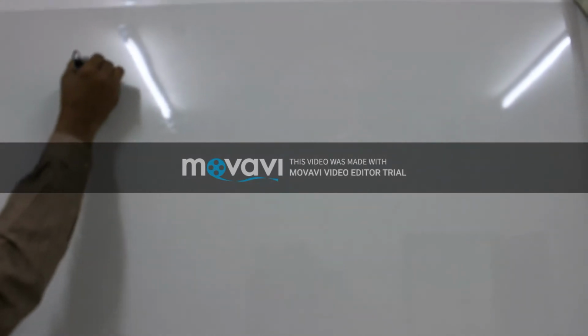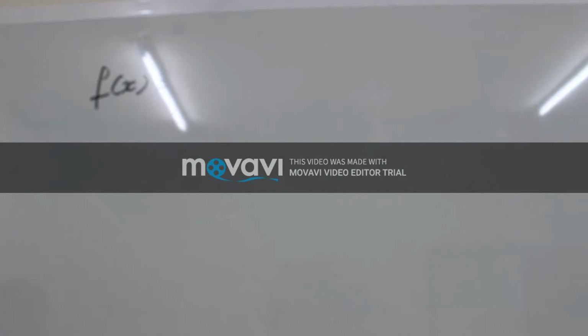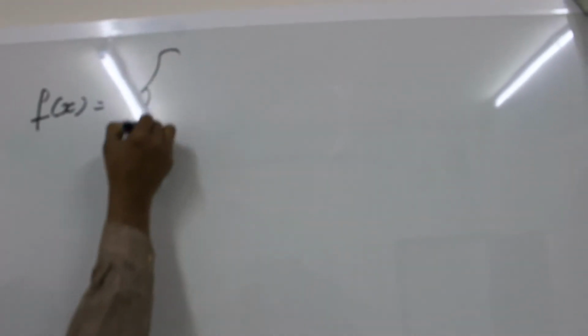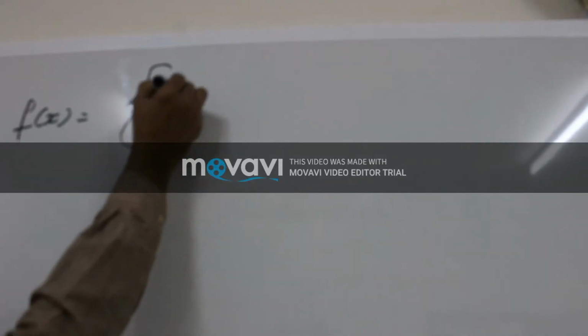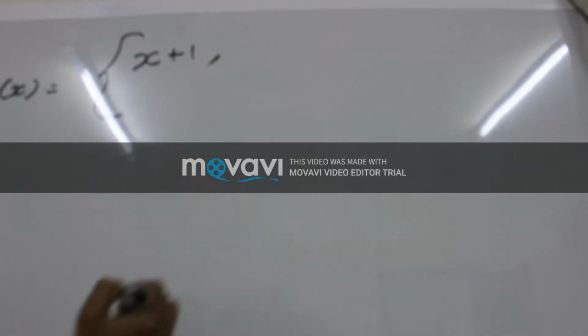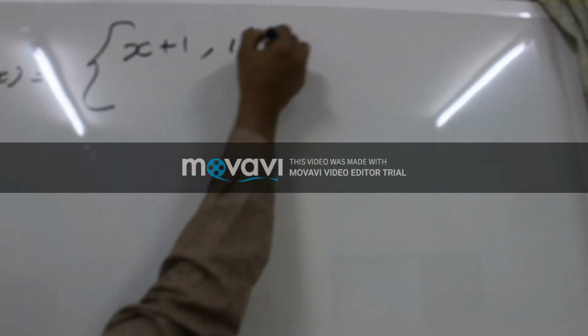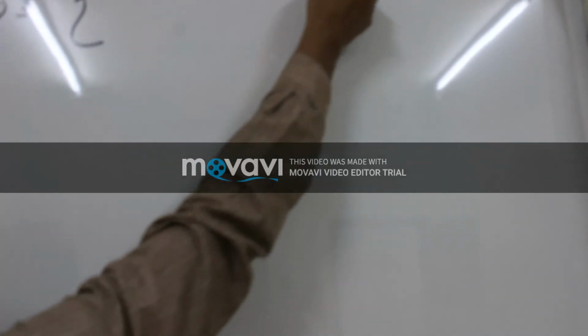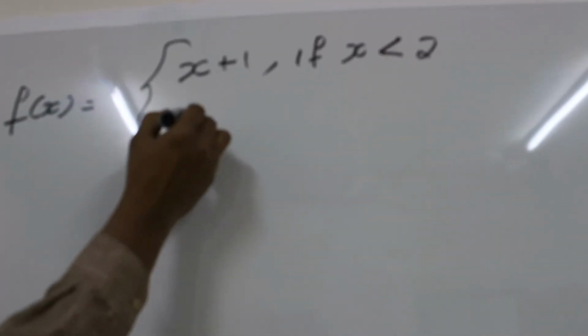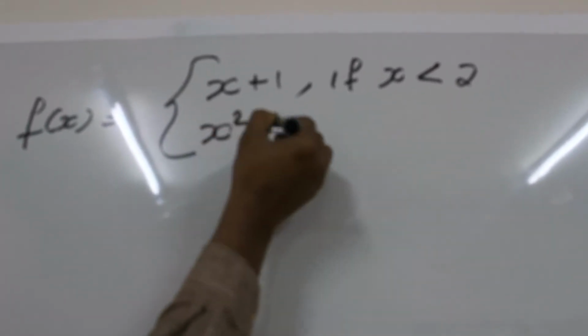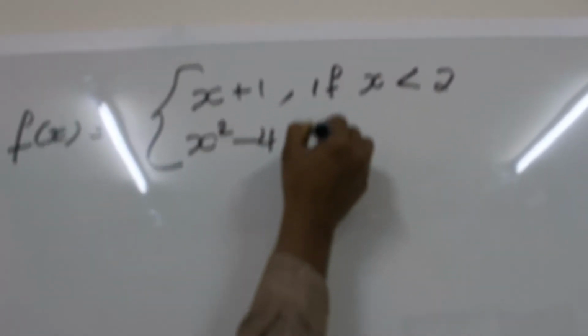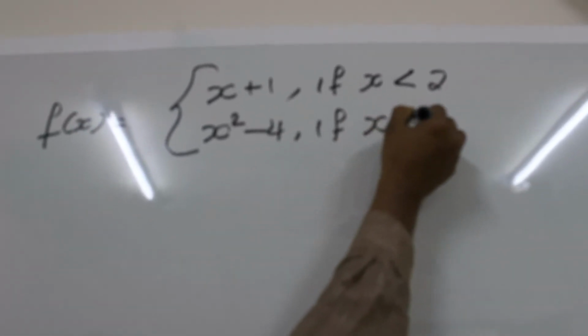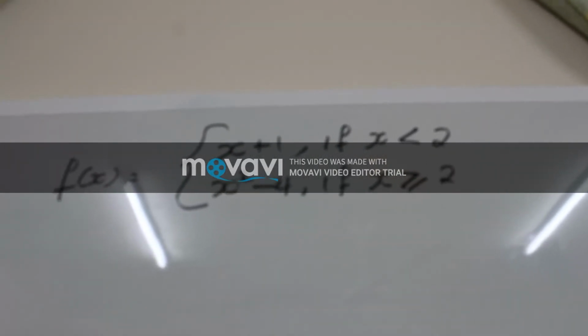We can have a question, question number 1. f of x is a function with two different domains: f of x equals x plus 1 if x is less than 2, and x square minus 4 if x is greater than or equal to 2.